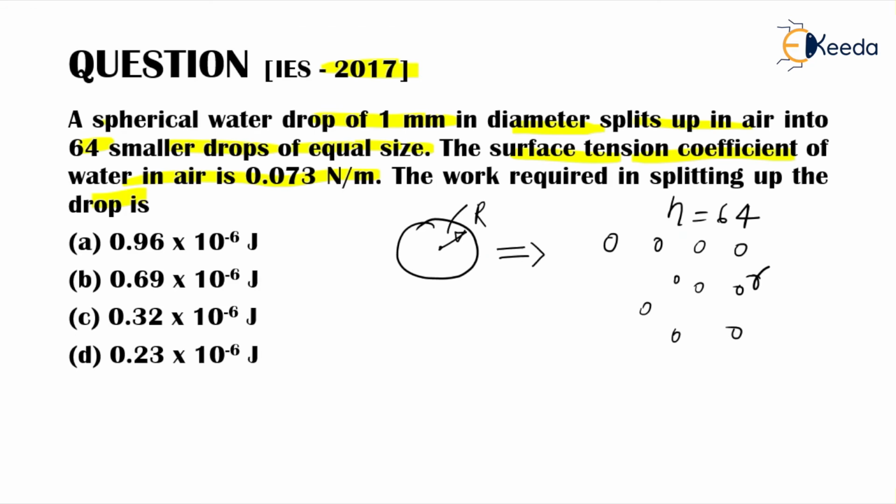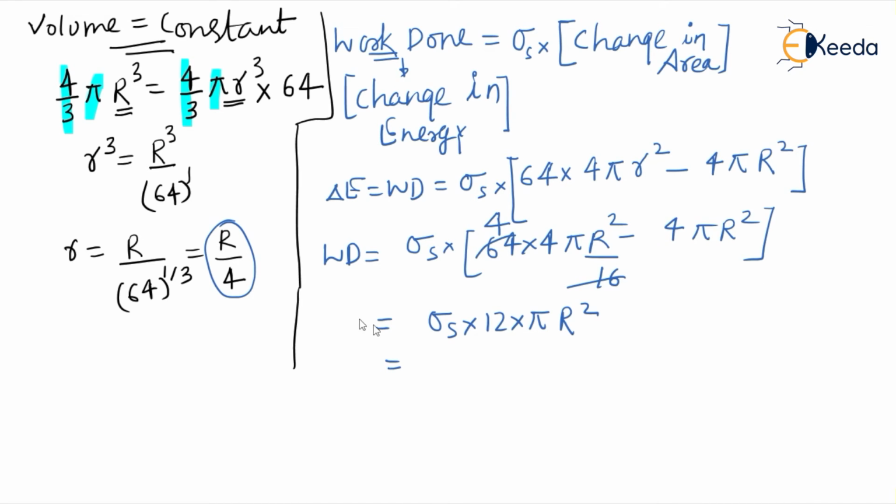Now the sigma s value is given as 0.073, and a drop of 1 mm in diameter means the radius is 0.5 mm. So we can write 0.073 as the value of sigma s, multiplied by 12, multiplied by pi, multiplied by the radius, 0.5 mm.